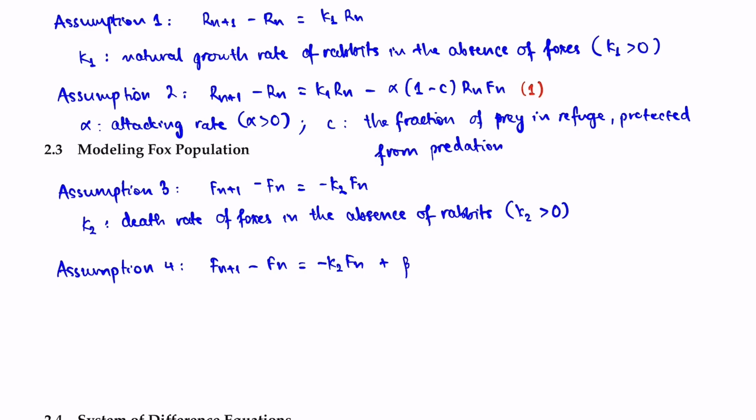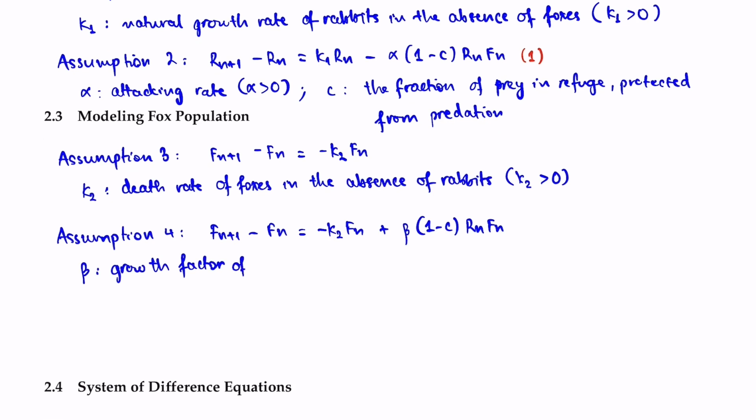But remember, this interaction is limited due to refuges, so you need to include the term 1 minus c in the equation: beta times 1 minus c times R sub n times F sub n. In this case, beta is the growth factor of foxes due to the presence of rabbits, and you assume that beta is a positive number. And this is the second equation in the system of difference equations that we need to use for the model.